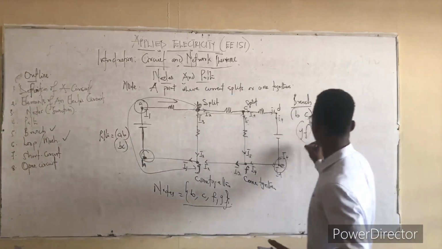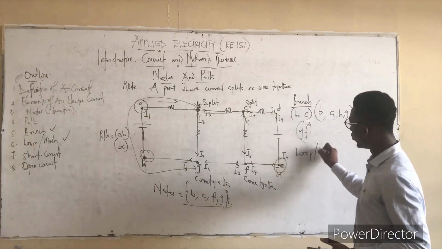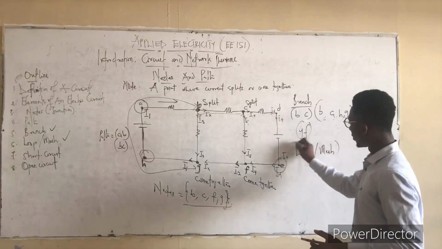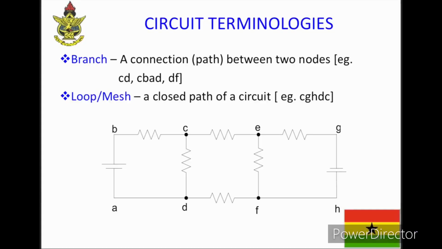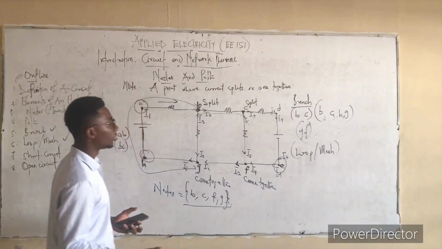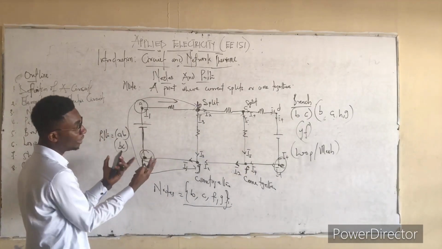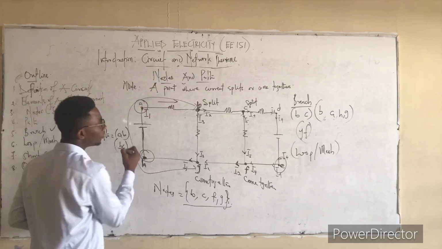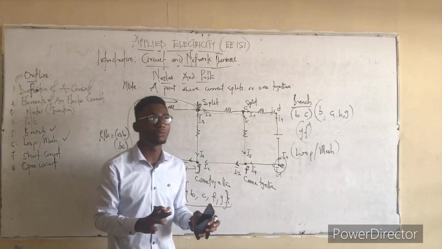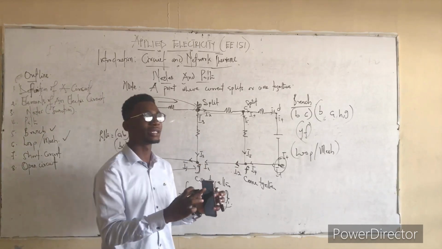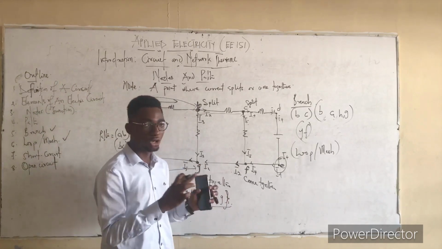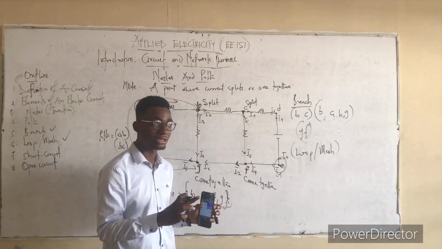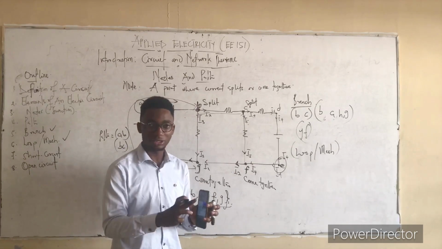And now the loop, or the mesh. The loop or the mesh is simple. If you want to create a loop within this circuit, the point where you start from in the electrical circuit, you should end at that same point when you are closing the loop.